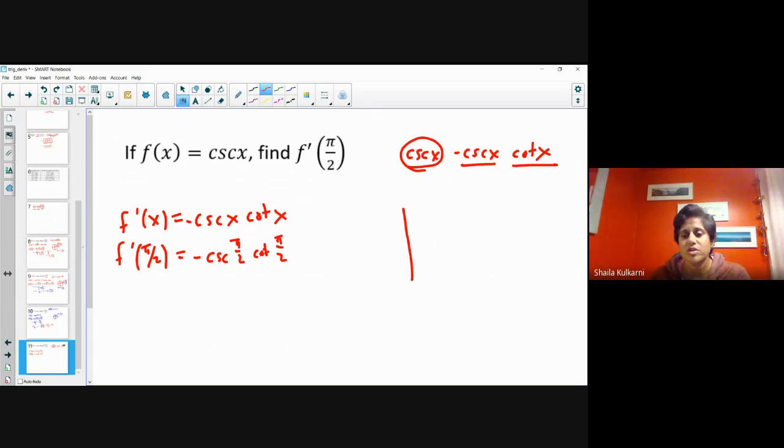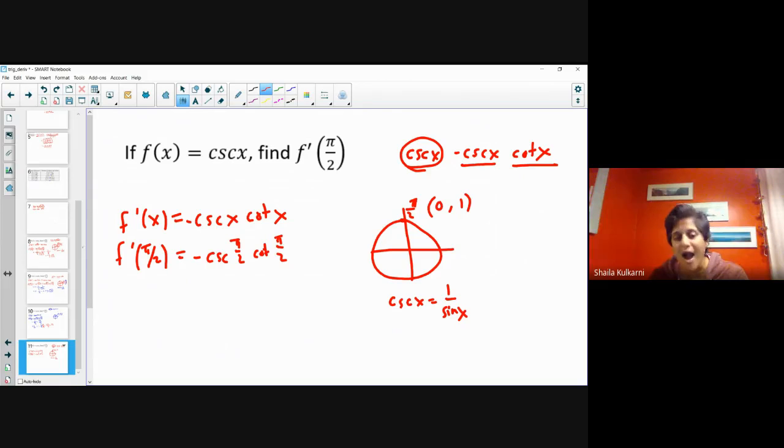Let's draw our little unit circle right here. We have pi over 2 at the top. And its coordinates, if you remember, are 0 and 1. I want to remind you that cosecant is the same thing as 1 over sine. So we are saying, what is the 1 over the y value? So we have a negative, and then 1 over the y value.